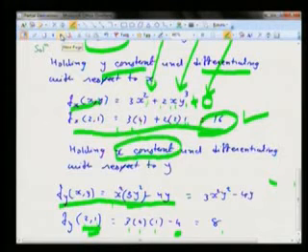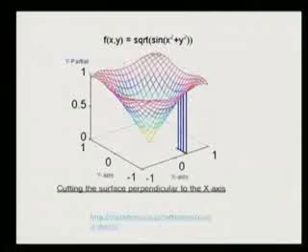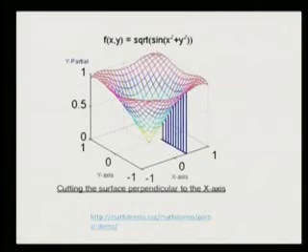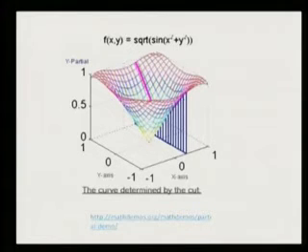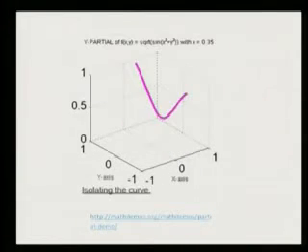Now let us understand the meaning of partial derivative graphically. See this figure, please. I have one function f of xy is equal to square root of sine of x square plus y square. This is the graph of this function, right. And when I cut this graph by some plane, then I will get one curve which is in pink color.